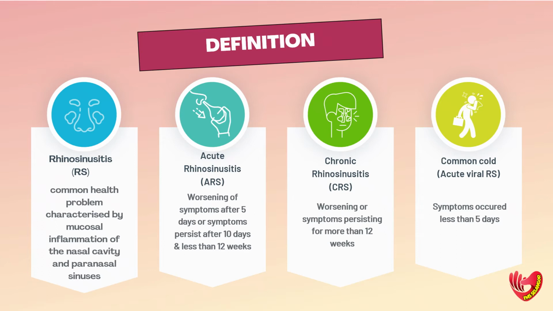Acute rhinosinusitis is when the symptoms worsen after 5 days or persist for more than 10 days but less than 12 weeks duration. Chronic rhinosinusitis is when the symptoms persist or worsen for more than 12 weeks duration. And finally, common cold or acute viral rhinosinusitis is when the symptoms occur less than 5 days duration.